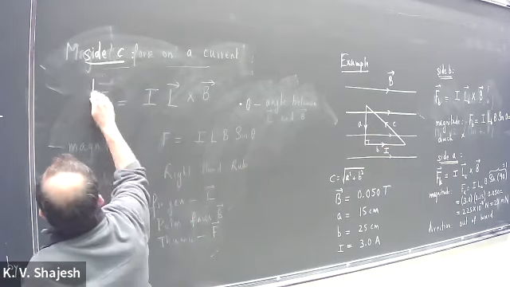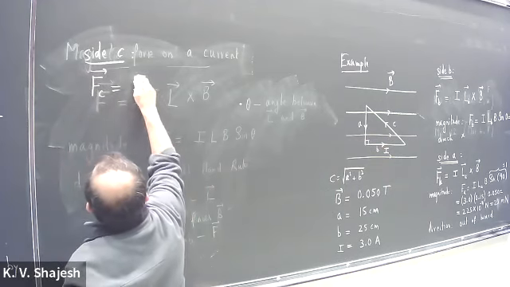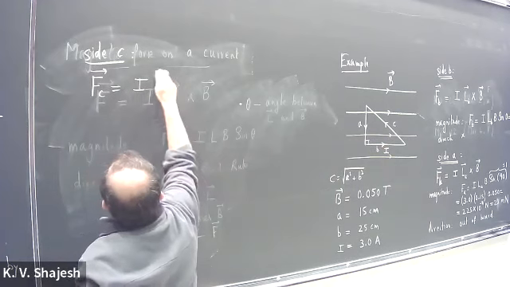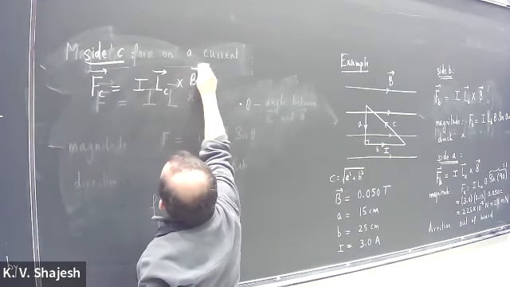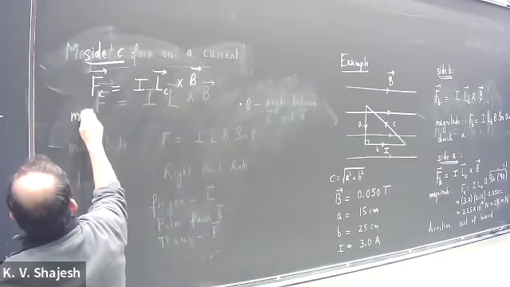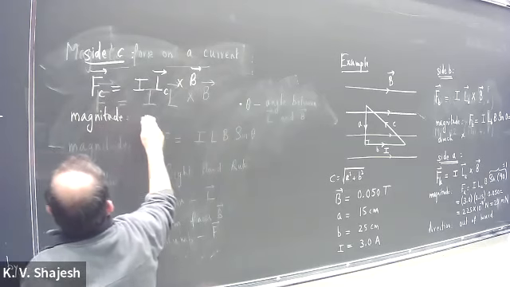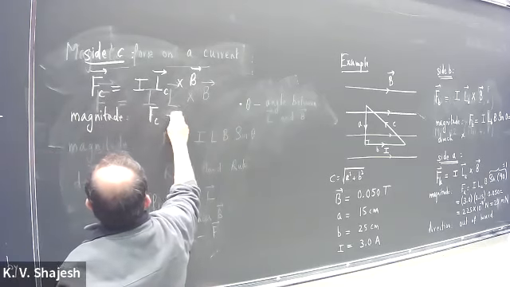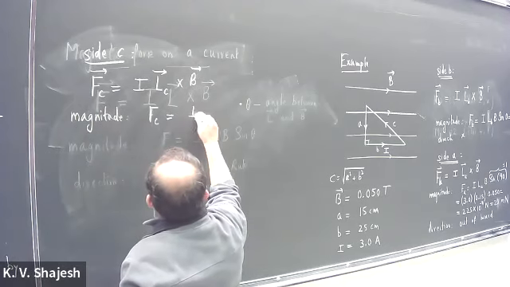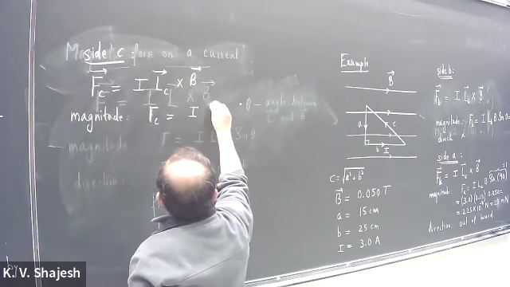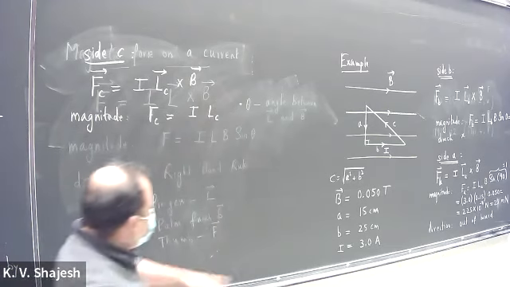Side C would have a force FC, which is I times the length LC crossed with the magnetic field. The magnitude will be F of C, the force on side C, is the magnitude of the current I times the length of side C, which is the square root of A squared plus B squared.